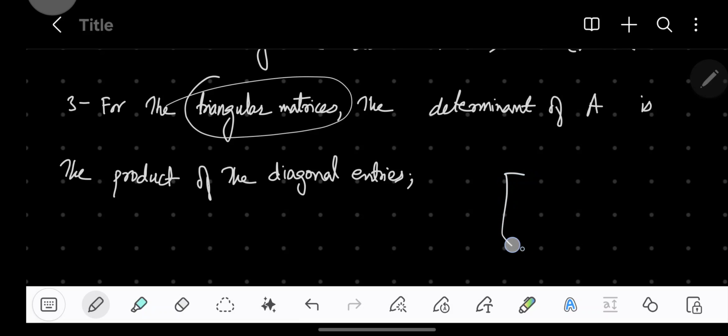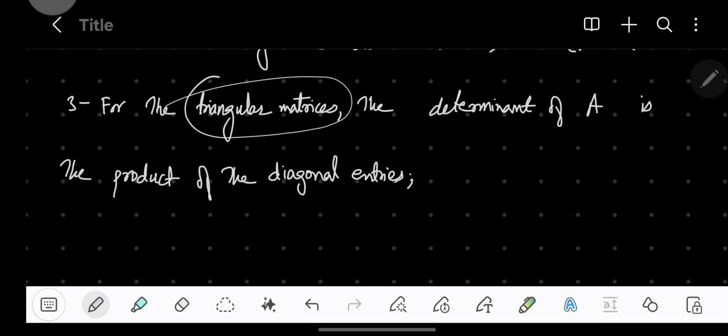Here is the matrix, here is the diagonal. Either everything here is 0 or everything here is 0. If everything above is 0, it is called a lower triangular matrix. If everything below is 0, it is called an upper triangular matrix.